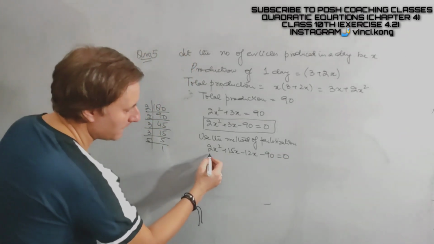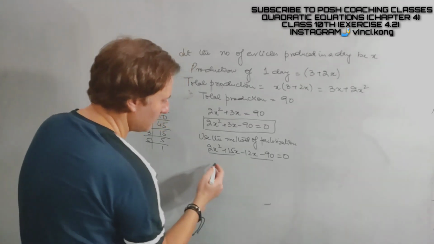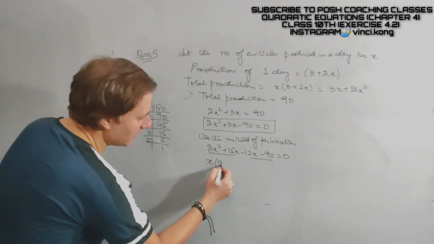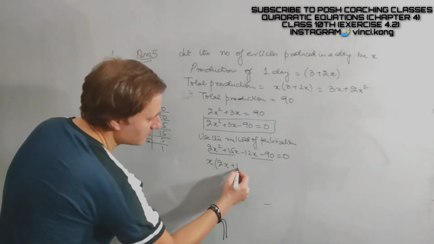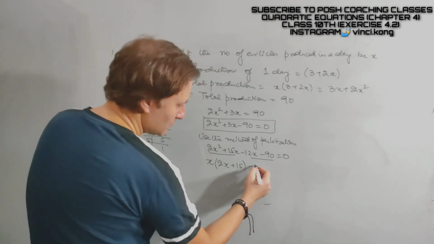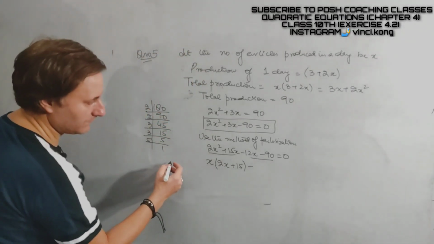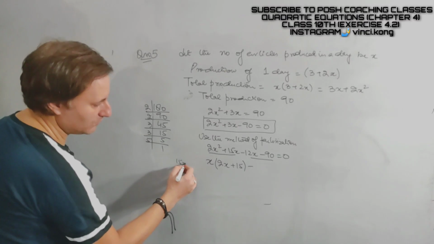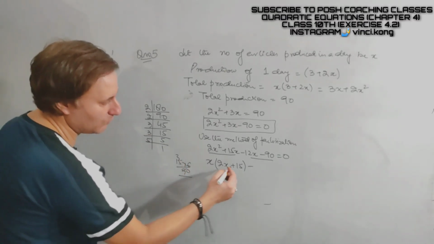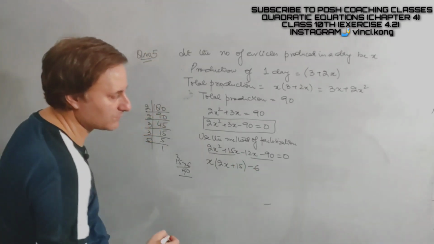So here and here, what are we supposed to do? I can take x common. So what do I have? I have x times (2x plus 15). Here I can take 6 common.